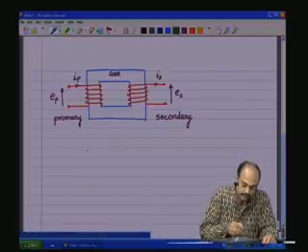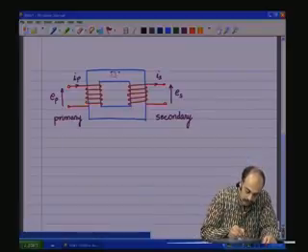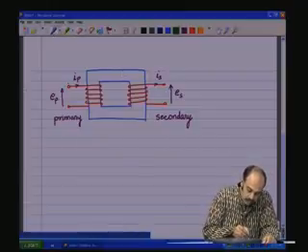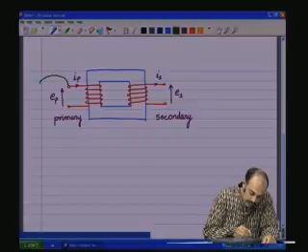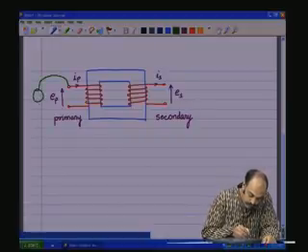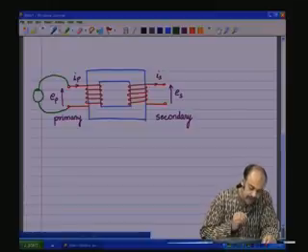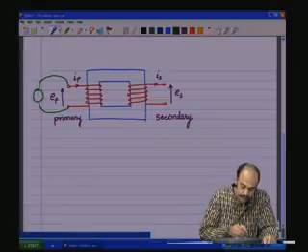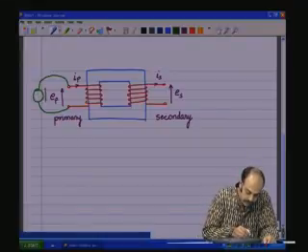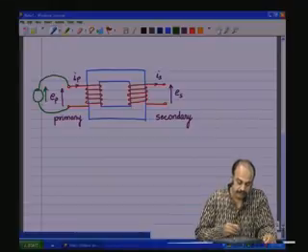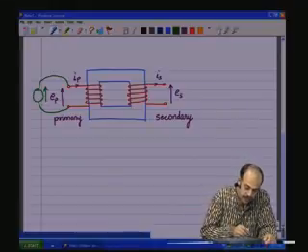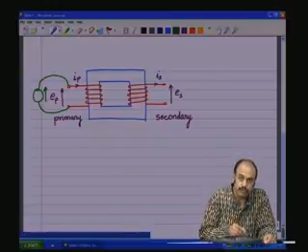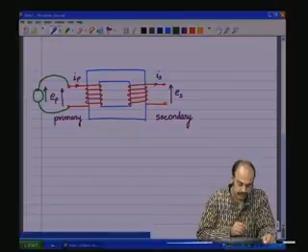Now, if you see here, let us say that there is some voltage which is going to be applied here. So, a voltage is applied here, EP or V primary. This voltage source, once it is applied, is going to cause a current IP to flow through the primary coils.